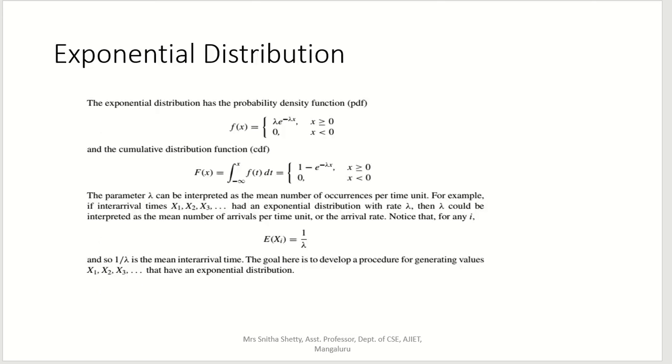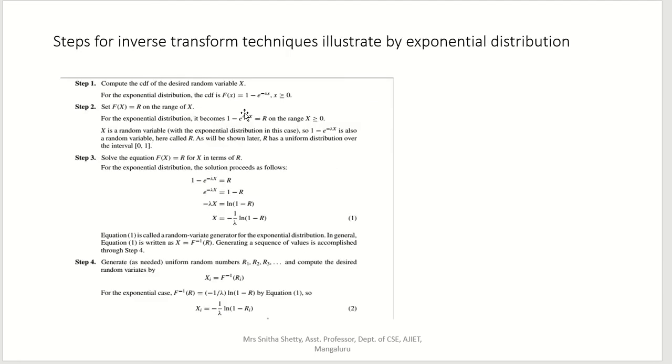Going back to the slide, the CDF is F of x equal to 1 minus e to the power minus lambda x when x is greater than or equal to 0. Second, set the range.